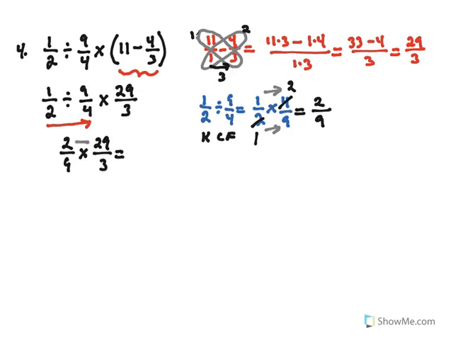Okay? And here we just multiply straight across. 2 times 29 is going to give you 58. And then over 27, because 9 times 3 is 27, and then you have your final answer. Okay? All right.